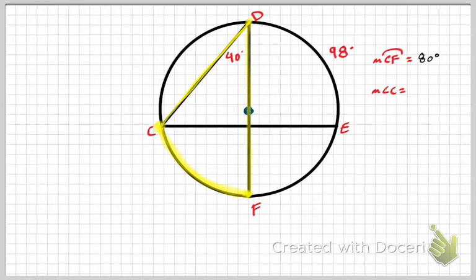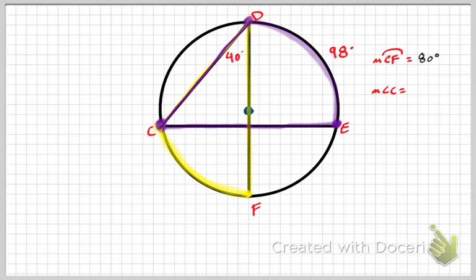Do the same kind of thing for angle C. I'm going to start at C and go out on the rays that are making my angle, and it's ending at D and ending at E. So this arc in purple is the one that's being sectioned off by angle C. In this case, it's 98.